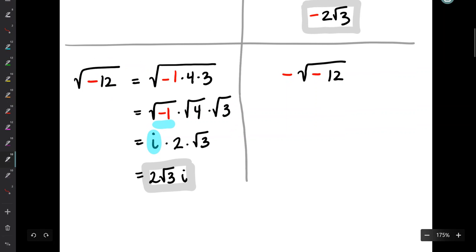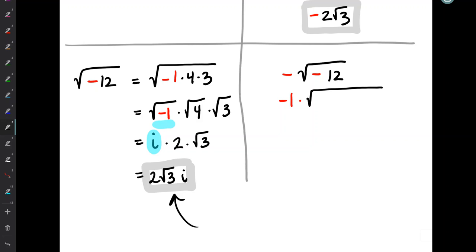Now lastly, this problem with both those negatives, each negative means something different. That one is a minus 1 times everything that we write after. And in simplifying minus the square root of 12, we got 2 root 3i. So my answer here is going to be minus 2 root 3i.